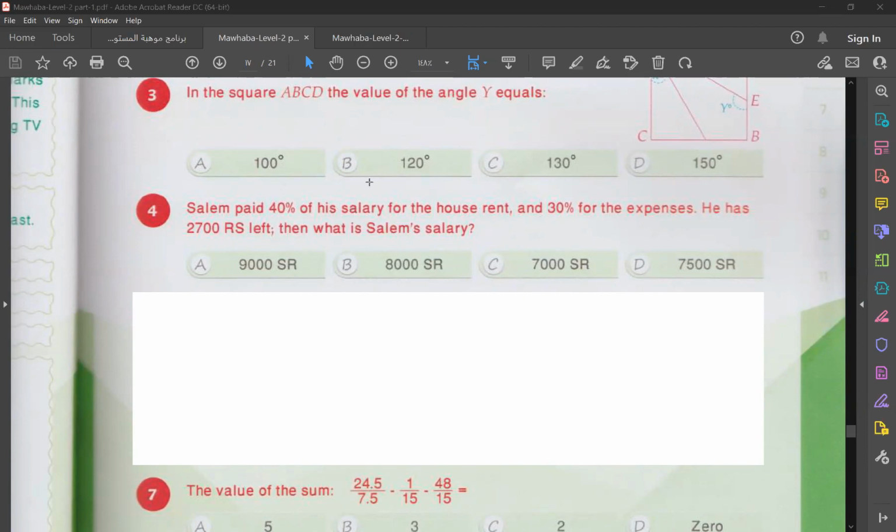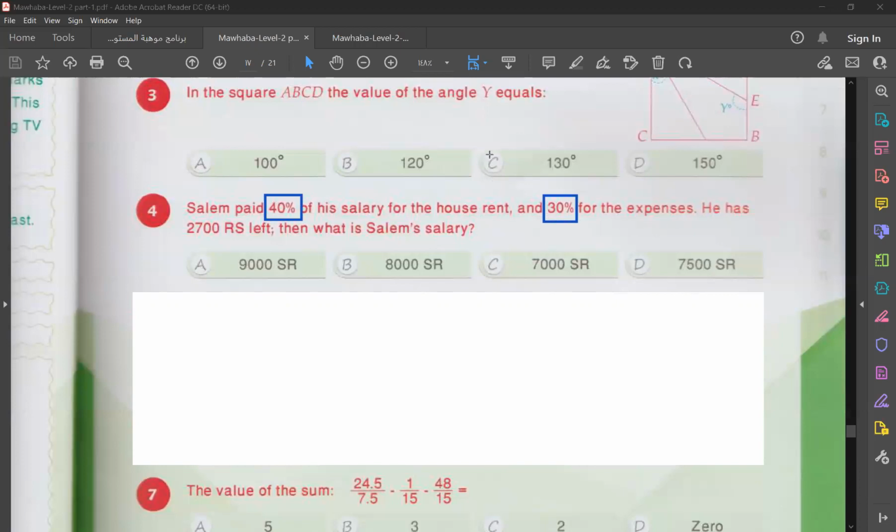Do you have any idea? No problem. So Salim paid what? How many percent paid? 40% of his salary for the house rent, and also 30% for the expenses.